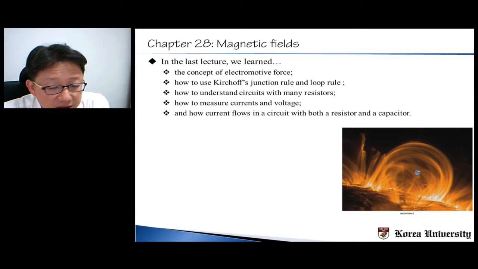Okay, in the very last lecture, let's review that we have learned the concept of the electromotive force, which was not the force, but a kind of electric potential. And we also learned how to use Kirchhoff's junction rule and loop rule, and there are many other rules, right? And we also learned how to understand circuits with many resistors.